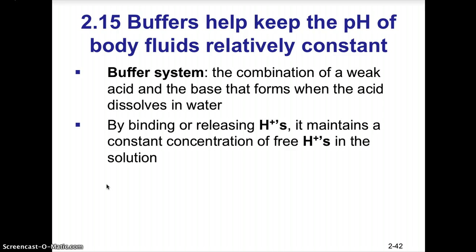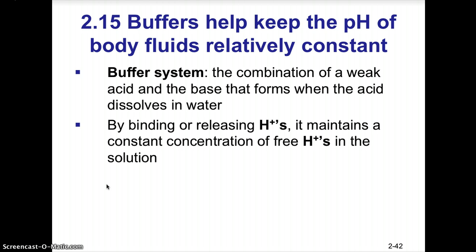So how does our body help regulate pH? Buffers are the things that our body uses to help regulate pH in body fluids and keep them relatively constant. A buffer is a system in which a combination of a weak acid and a weak base helps prevent sudden changes, because they counteract strong acids and strong bases when an acid is dissolved in water.